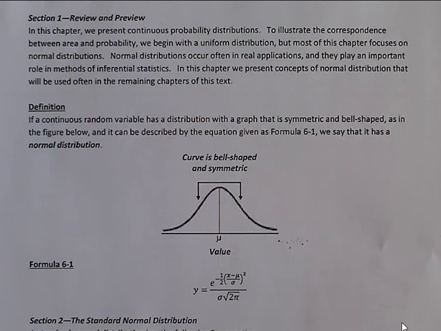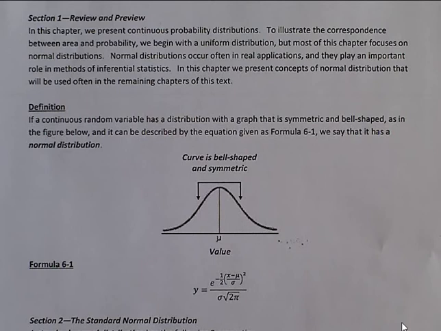Normal distributions occur often in real applications, and they play an important role in methods of inferential statistics. You don't realize it, but there are normal distributions that take place every day, all day long. We just don't recognize them as such when we talk about the characteristics that form them.